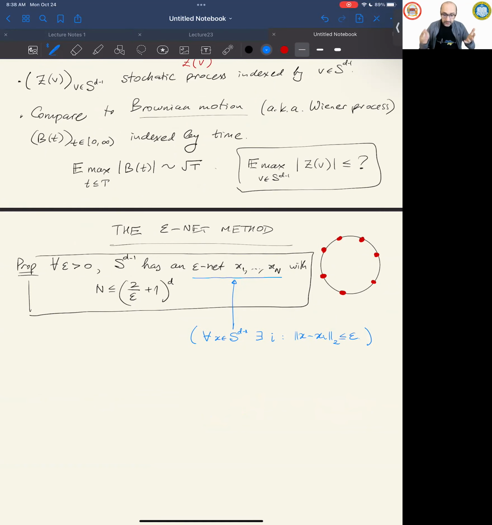Cool. What does it mean geometrically? Well, here is any point, any blue point is within epsilon from a red point. But that simply means that if we put epsilon balls, round balls around each red point, they will cover the entire sphere.